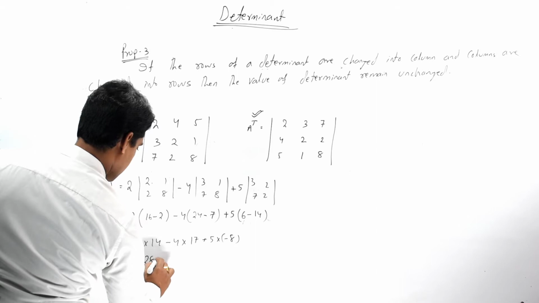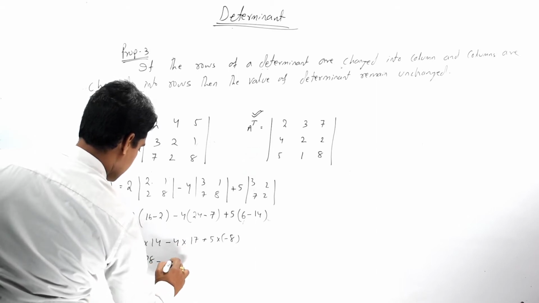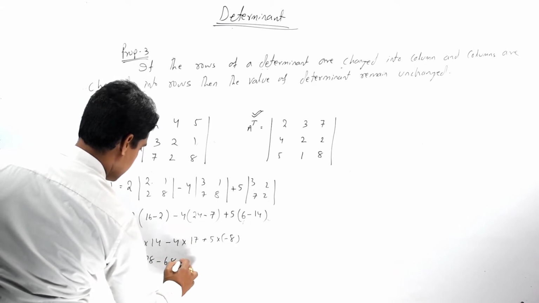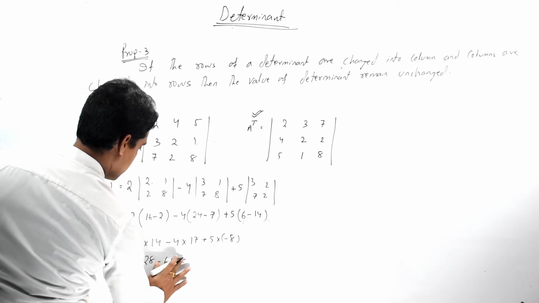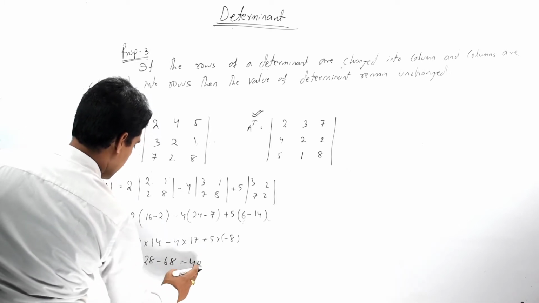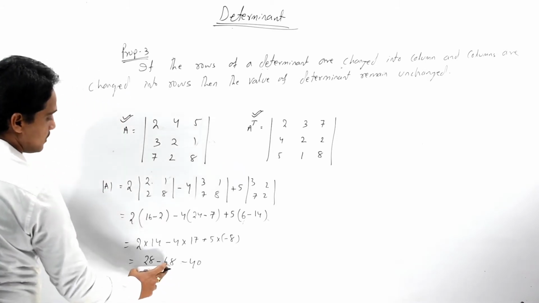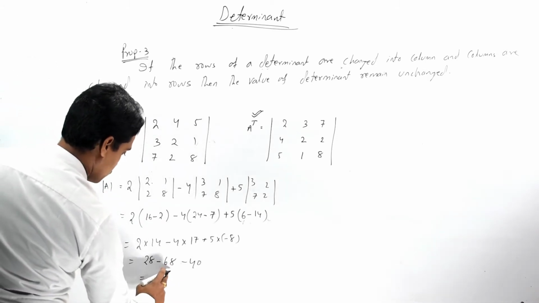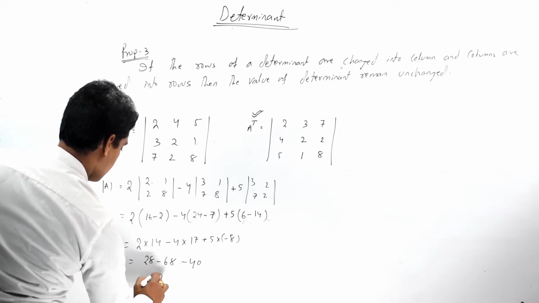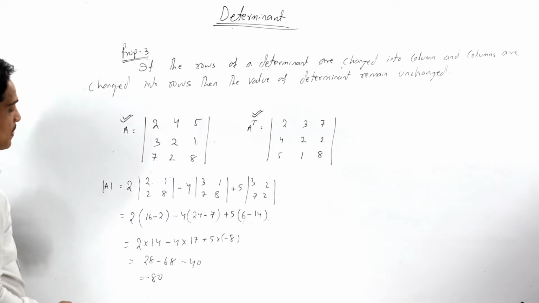That is 28 minus 68 plus minus 40. That is minus 40 minus 68, that is minus 108 plus 28, that is minus 80.